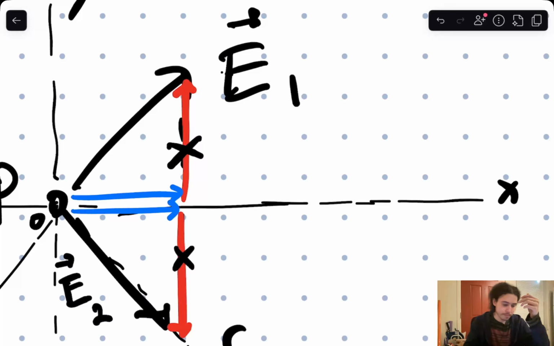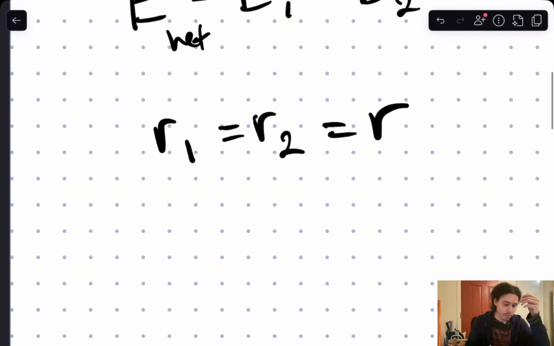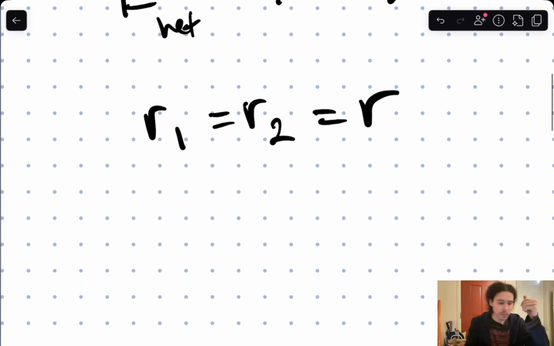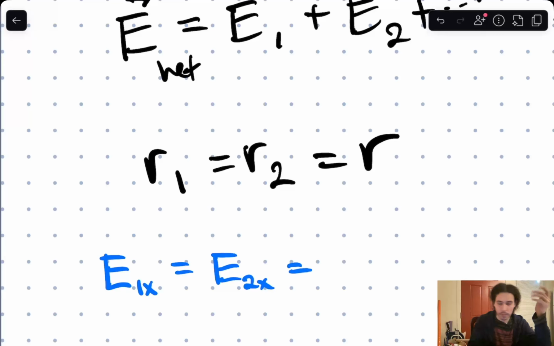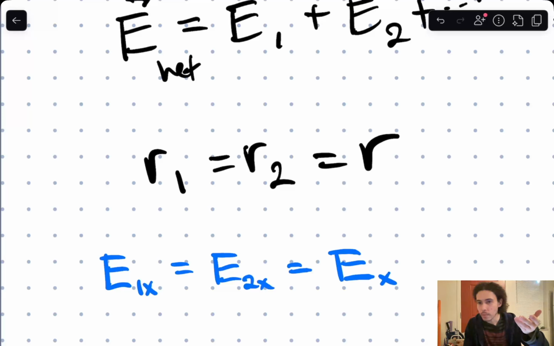Again, they're the same magnitudes, so E1x is equal to E2x. So they are just equal to this one number. We're going to call it Ex.